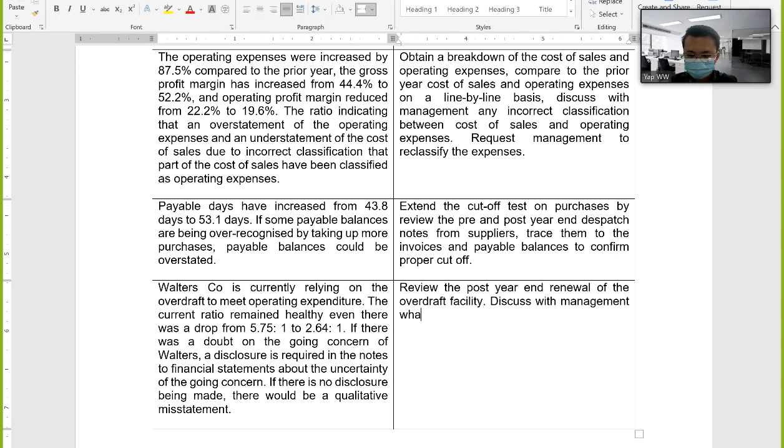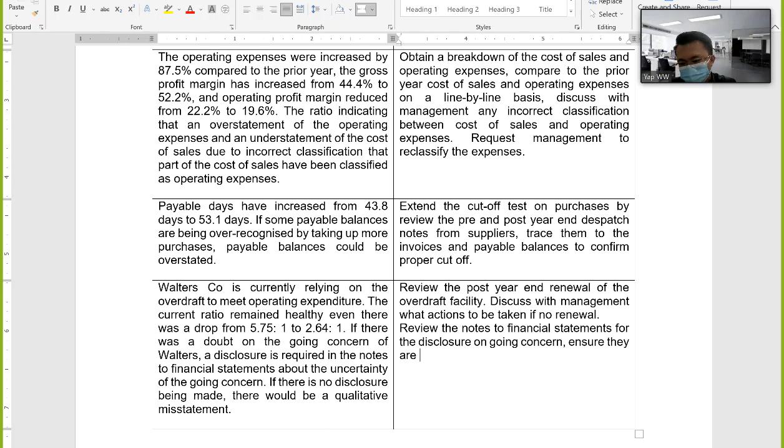Discuss with management what actions to be taken if no renewal, and because of the disclosure, I must review the notes to financial statements for the disclosure on going concern, ensure they are adequately disclosed with the uncertainty.